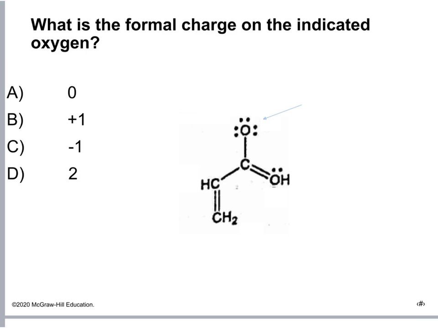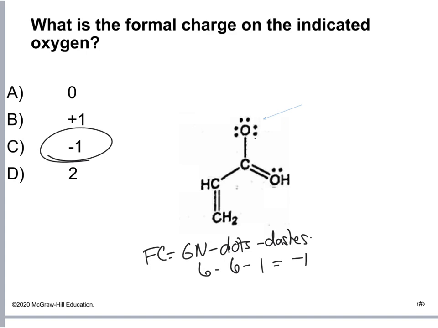What is the formal charge on the indicated oxygen? Okay, well, what is the formal charge equals group number minus dots minus dashes. And now that's different than what I did before. It doesn't matter. Okay, so group number is 6, dots 1, 2, 3, 4, 5, 6, minus dashes is 1. So did you get 6 minus 6 minus 1 is a negative 1? Okay.